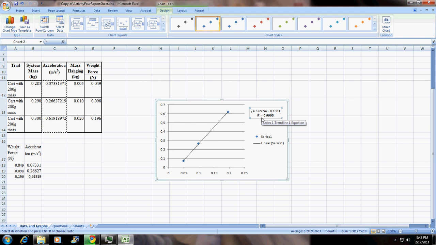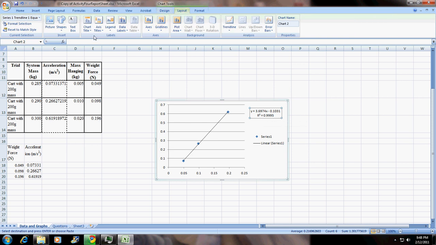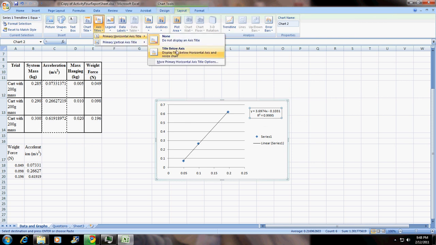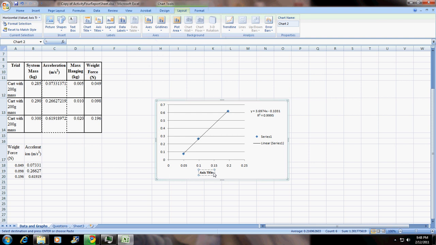Okay, so now I'm ready, of course, to add the titles. So I go to layout, axis titles, the horizontal axis. Okay, since this is what I'm given, this is going to be the weight force, and that's measured in newtons.